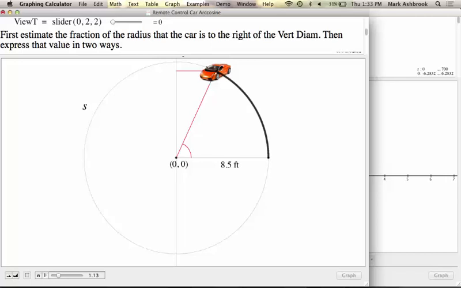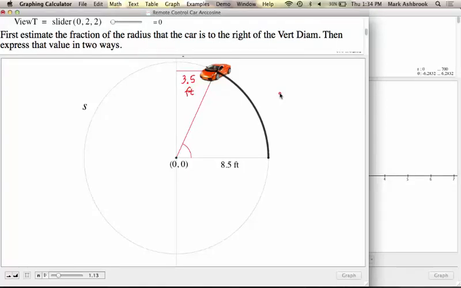3.5 feet to the right. Okay, so it's 3.5 feet to the right of the vertical diameter.